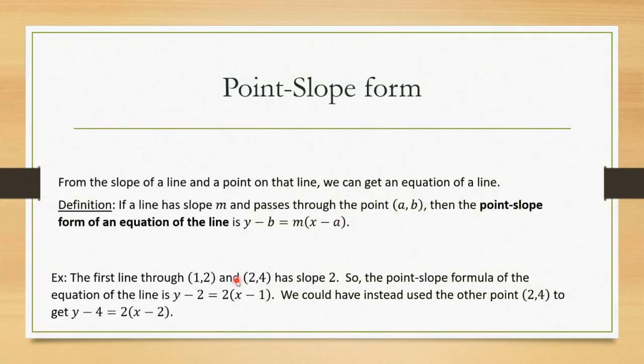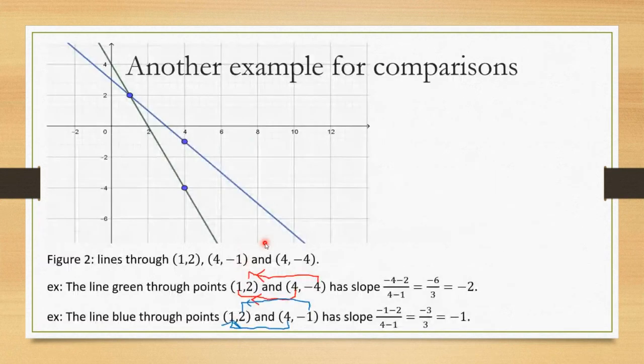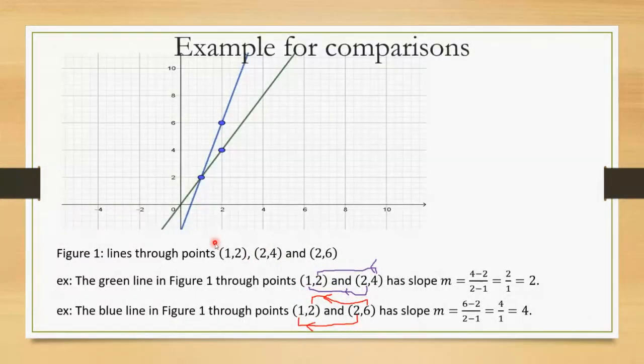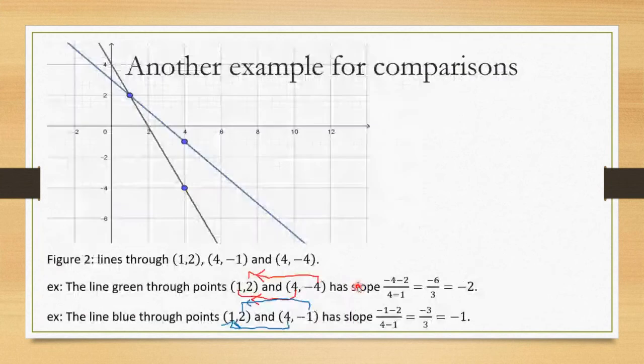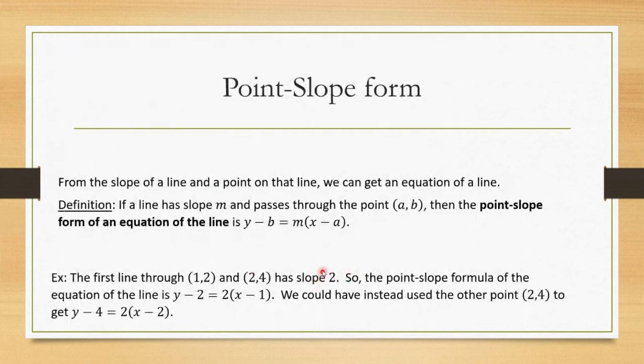So for instance, if you look at the first line, the line that went through 1, 2, and 2, 4, that was the green line here. We can get the point slope form of an equation of that line.